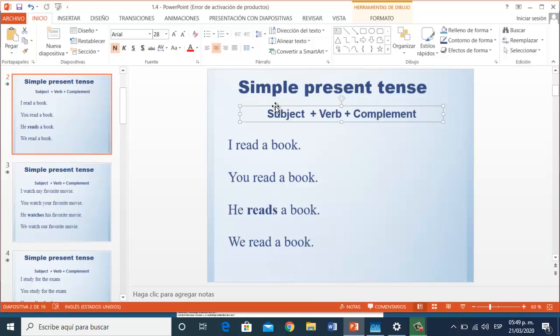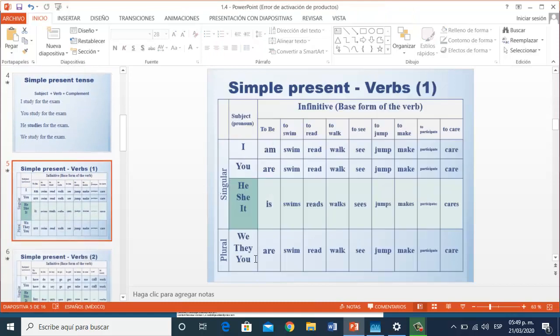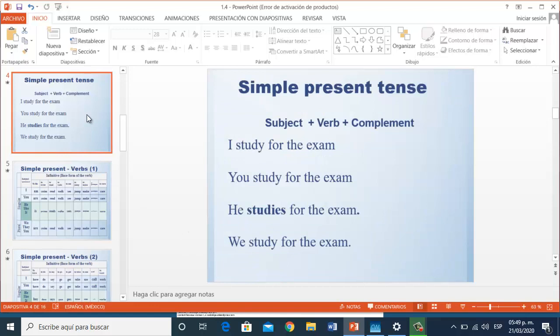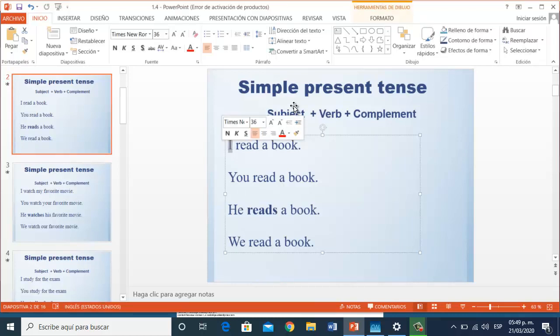Remember these charts, we have these subjects over here, singular and plural subjects. But for the purposes of this explanation, I'm going to use I, you, he, and we. I is the subject, read the verb, and a book the complement.